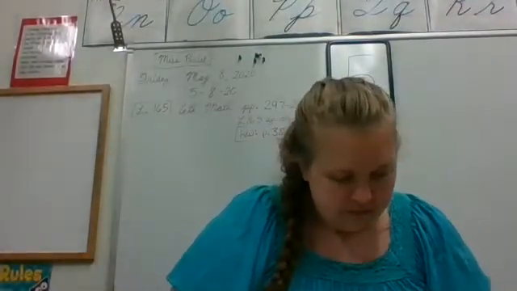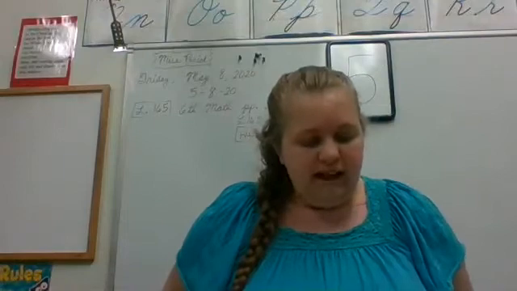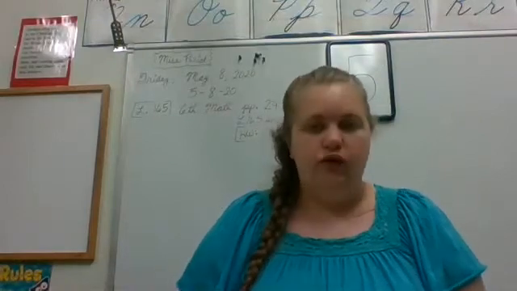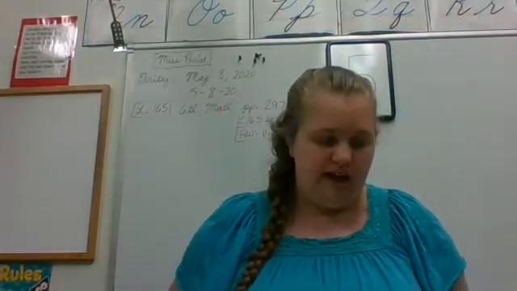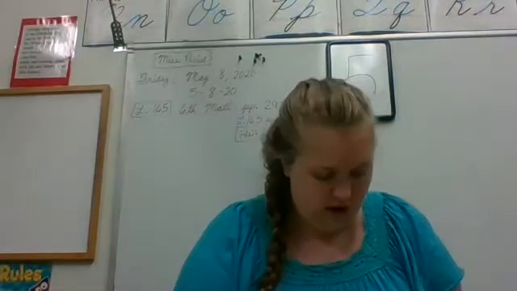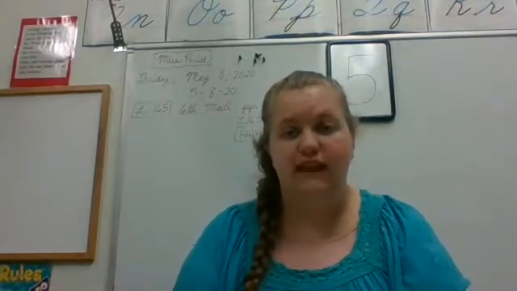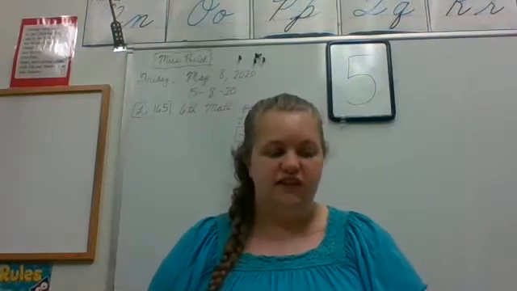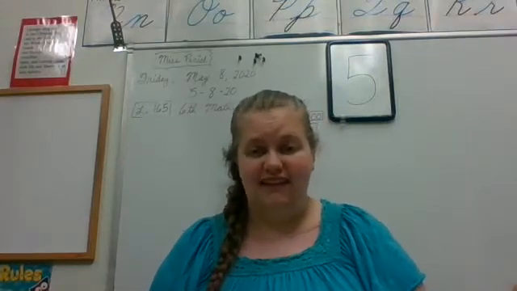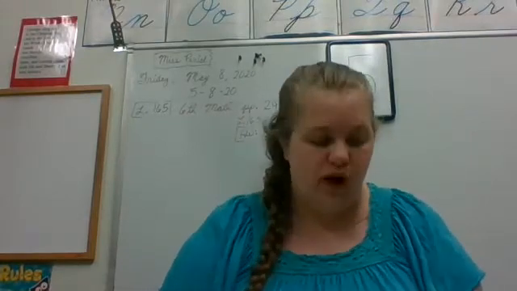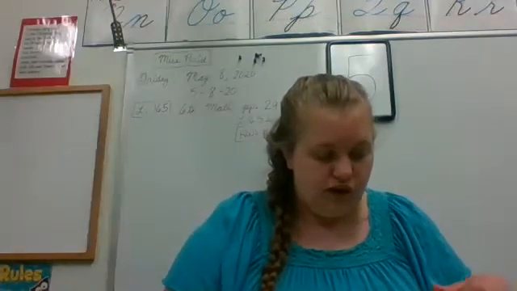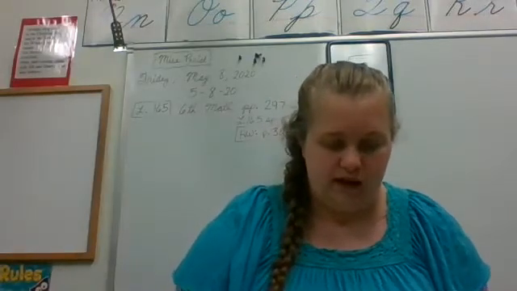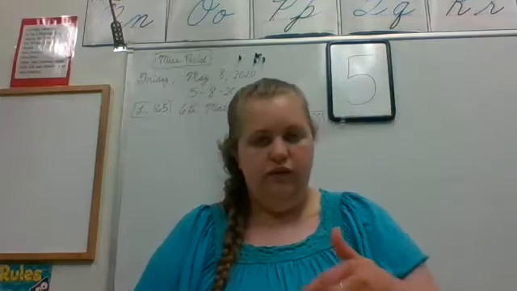So one kilowatt equals 1,000 watts, okay? Because remember our metric word kilo means 1,000. And so 1 kilowatt is 1,000 watts. So that's one thing that we can know.